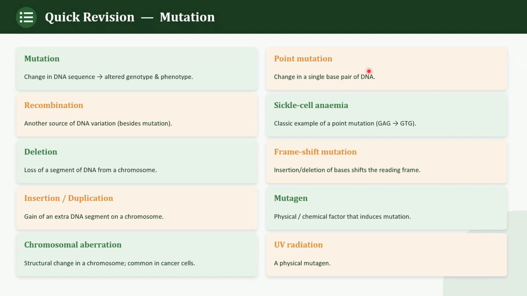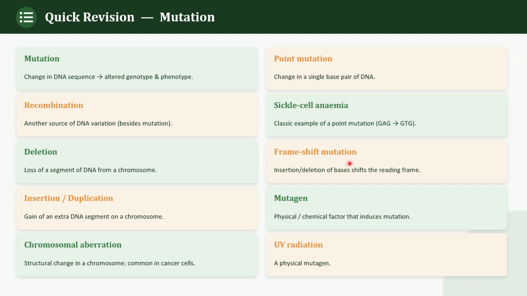And then a point mutation changes only one DNA base pair. Sickle cell anemia is a classic example where a single base change, GAG turns into GTG and changes the glutamic acid to valine.